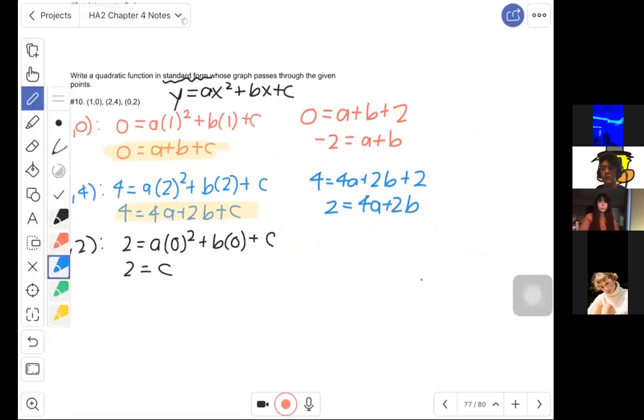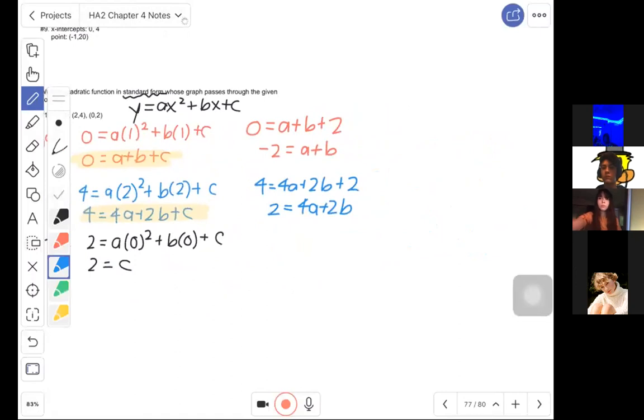Cool, so now we have these 2 equations. I'm going to rewrite them one more time, just to have them lined up. Helene, what did you do from here? What can we do?